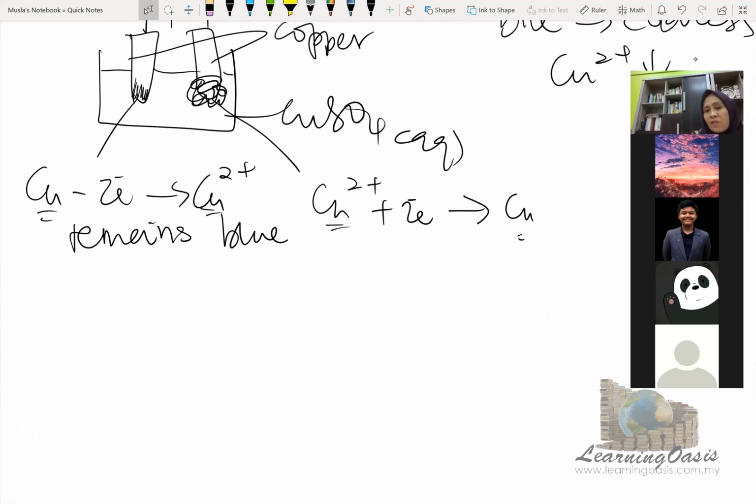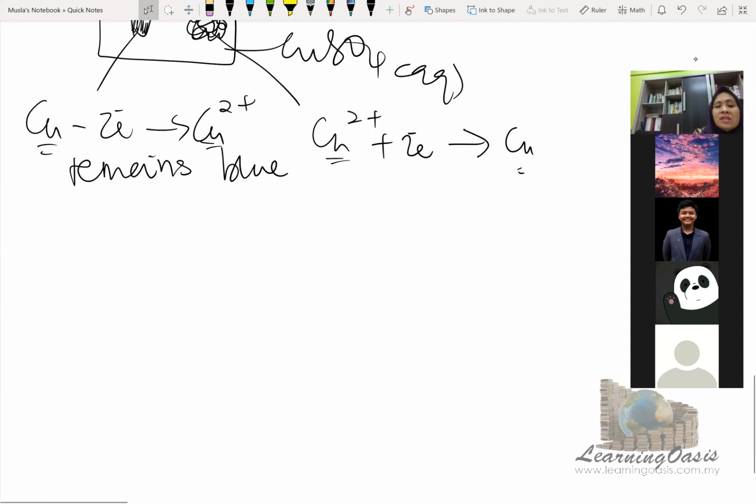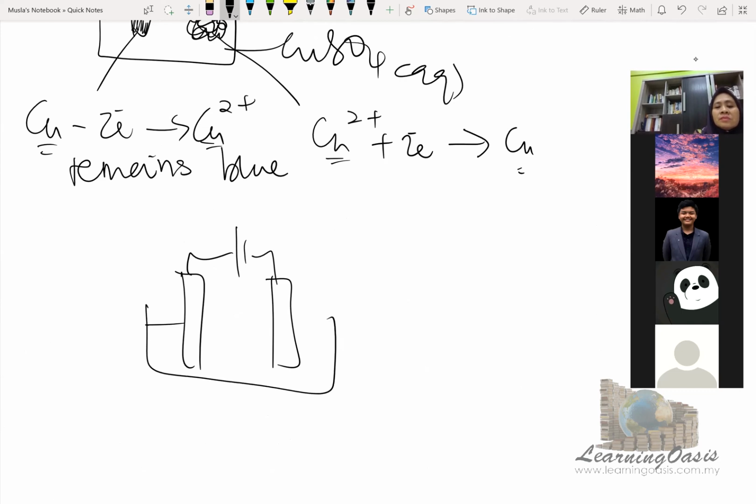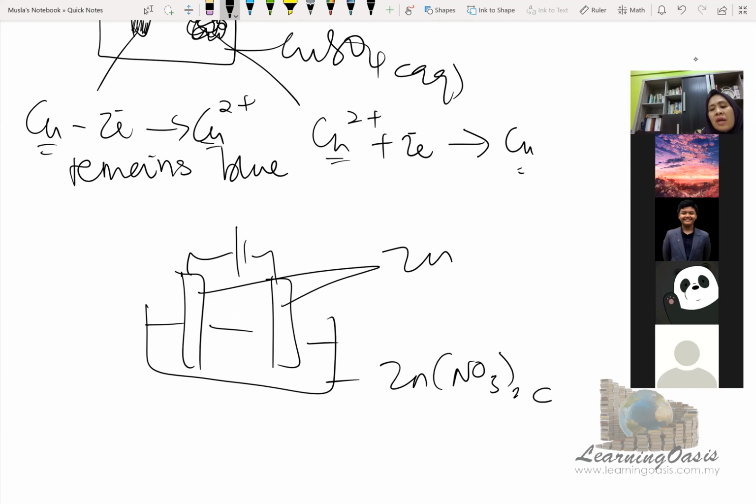The application of it. From now onwards, you have to remember, when you have metal in its aqueous solution, anode will corrode, cathode will be deposited. So you can replace this. Once you understand that concept, it's very, very easy. You can put zinc in anything, zinc nitrate, aqueous.